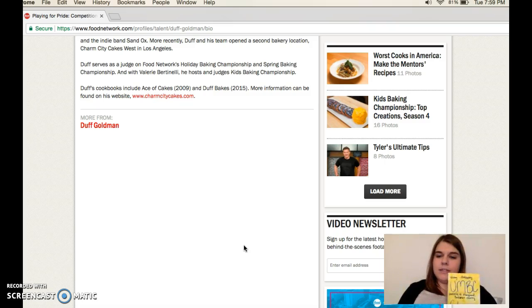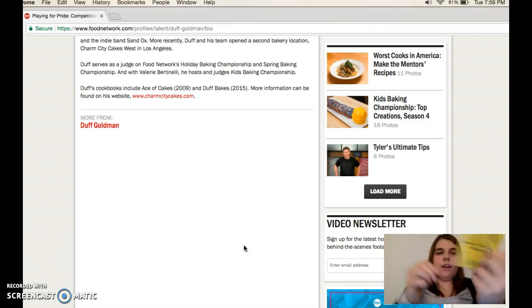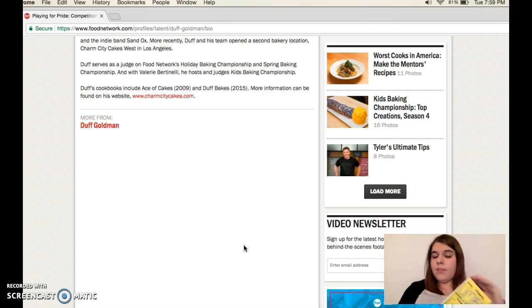I colored this gold and black because those are the colors of the University of Maryland, Baltimore County. And then he eventually went to culinary school at the Culinary Institute of America, St. Helena. So that's where he ultimately got his culinary experience and education. And that is obviously on the back side of this.